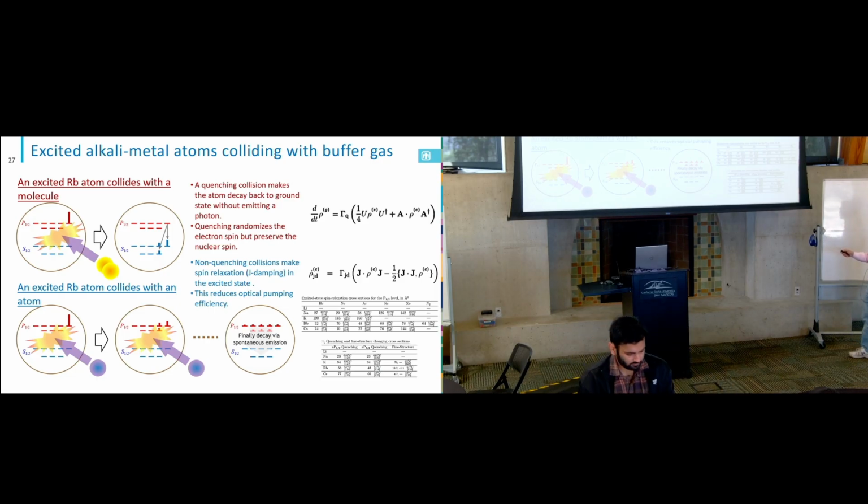And that can introduce some kind of spin relaxation as well. The other one is it gets collided, but it only introduces redistribution of the excited state sublevels, but it doesn't de-excite the atom back to the ground state. And these two actually make very different phenomena and affect the performance of the vapor cell sensor.